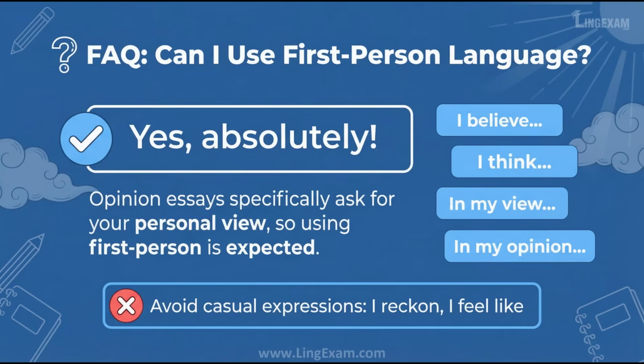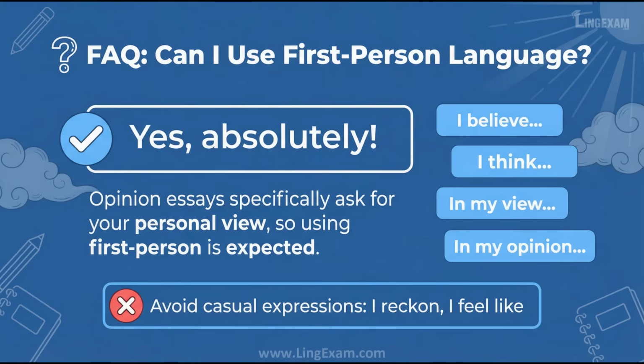Let me answer some frequently asked questions that students often have about opinion essays. First question, can I use first-person language like "I believe" or "in my opinion"? Yes, absolutely. IELTS opinion essays specifically ask for your personal view, so using first-person language is not only acceptable but expected.